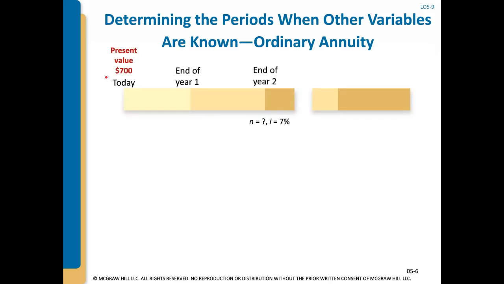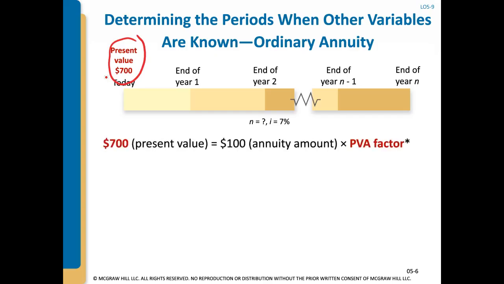So I'm going to borrow $700, and I will give $100 at the end of each year with a 7% rate, but I don't know for how many years. But I know my formula is that the present value equals 100 times the present value of an ordinary annuity factor.